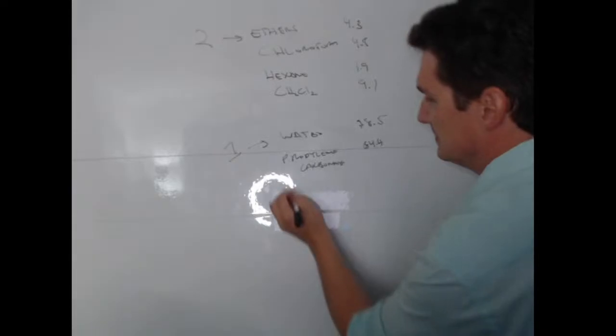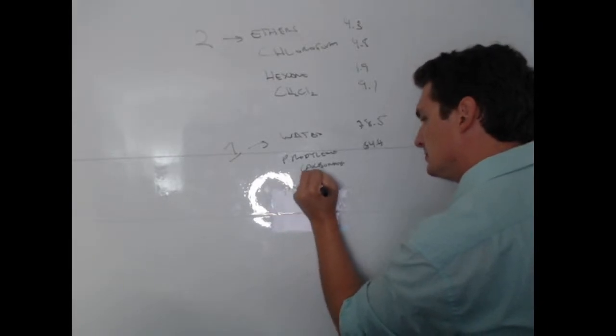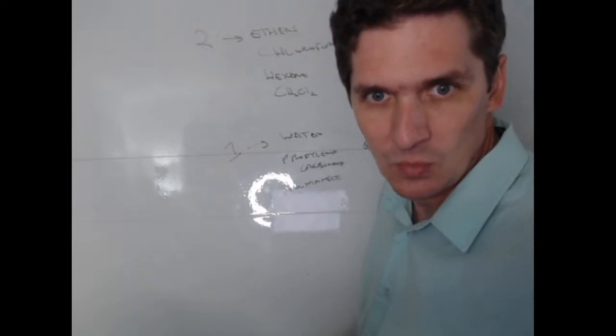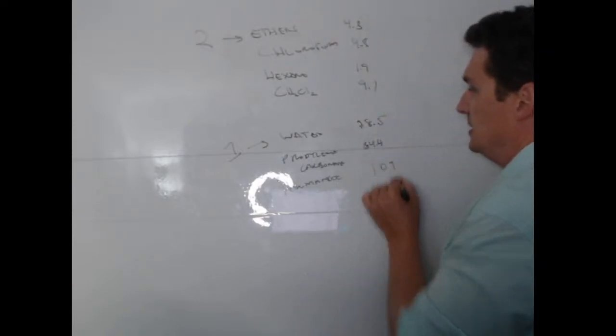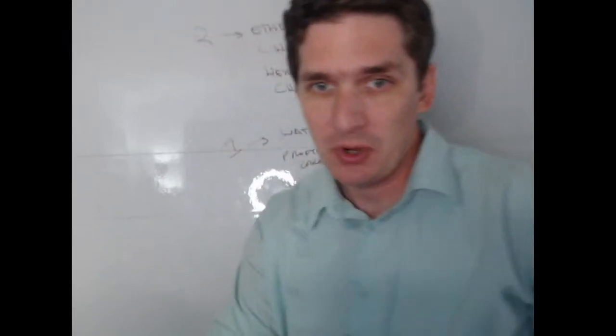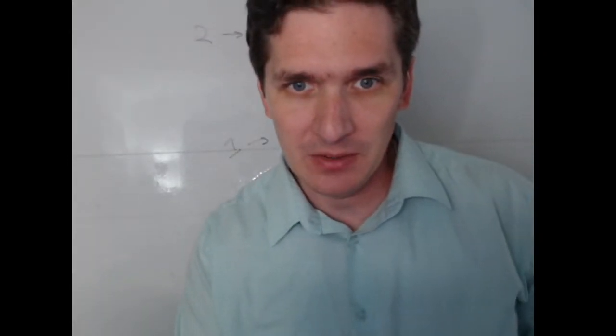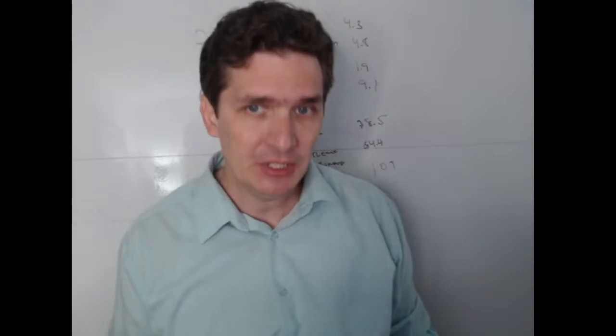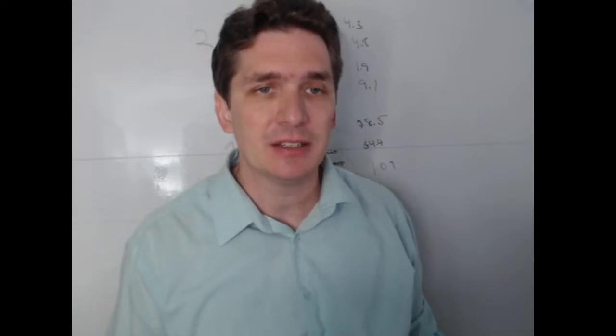Formamide, 109. So these are incredibly good at stabilizing your carbocations. The other thing to keep in mind, so we look at something like formamide, it's protic. Your formic acid is protic. These polar protic solvents are going to do a really good job at stabilizing your carbocations.